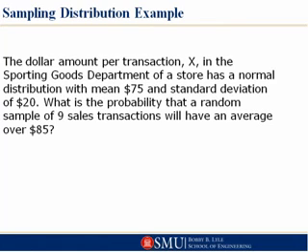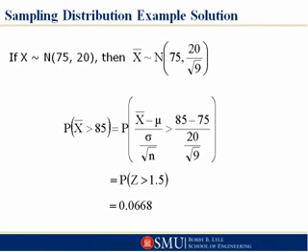So we're interested in the dollar amount per transaction. We know that on average it follows a normal distribution with an average sale of $75, standard deviation of $20. We draw a random sample of 9, and the question is, what's the probability that the average of those 9 sales transactions will be over $85? So we know the underlying distribution of sales transactions follows a normal distribution, with an average of $75 per transaction, standard deviation of 20.